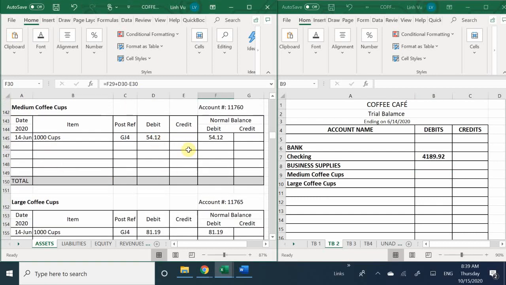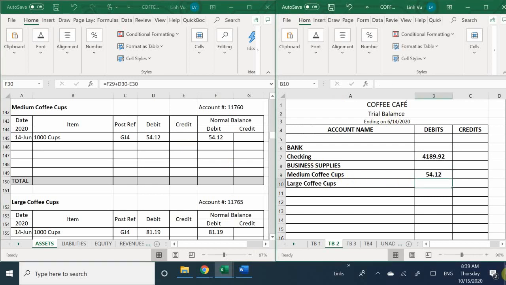We have 54.12 in my medium cups, and in my large cups I have 81.19.